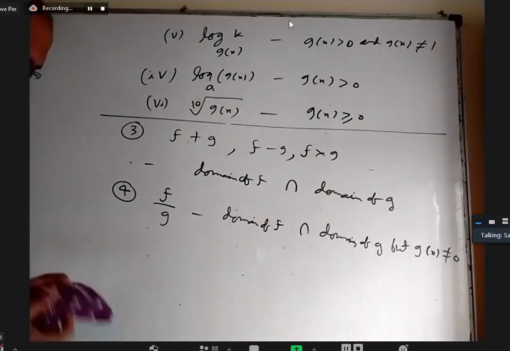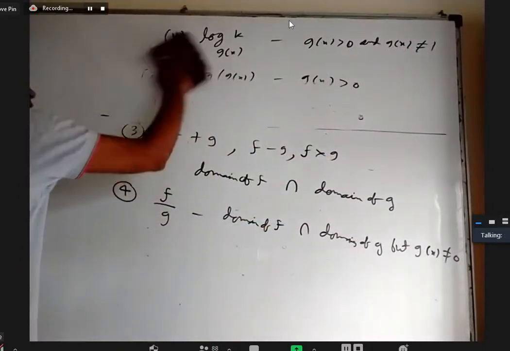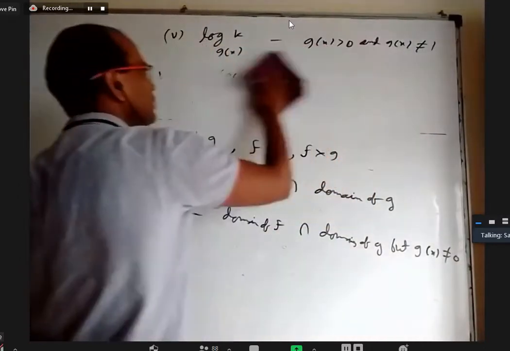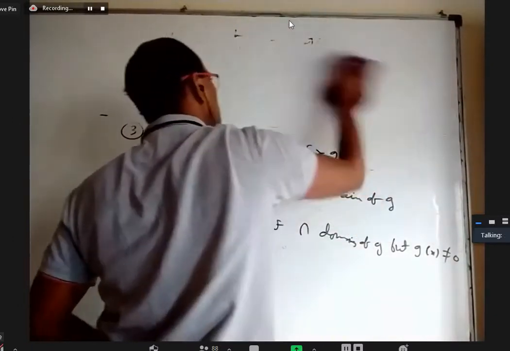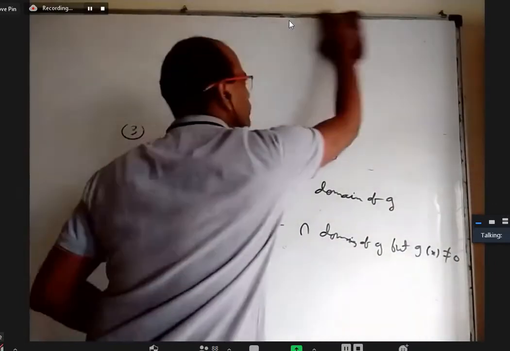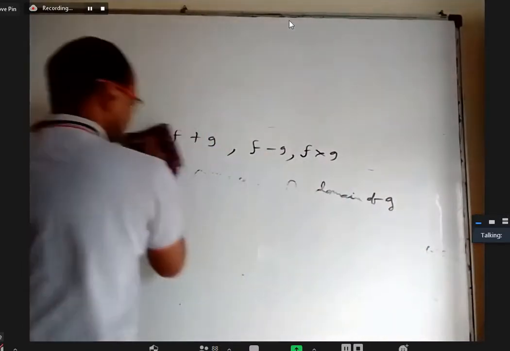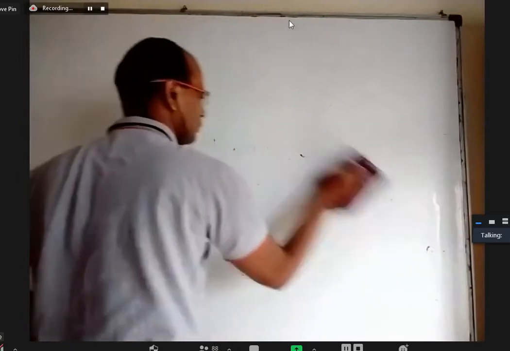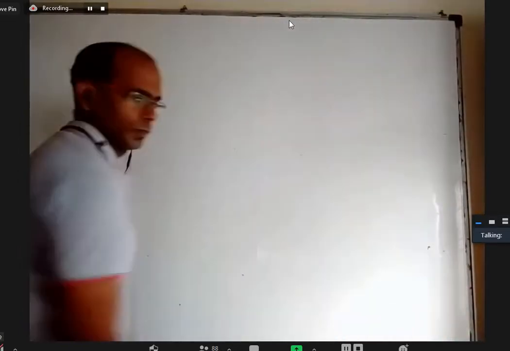Okay, I'm going to erase all these things. Whatever inequalities we discussed, we are going to use them later here and there a little bit, but mainly we taught all those things for finding the domain. Okay, so I'll give a few questions which are very simple and straightforward.